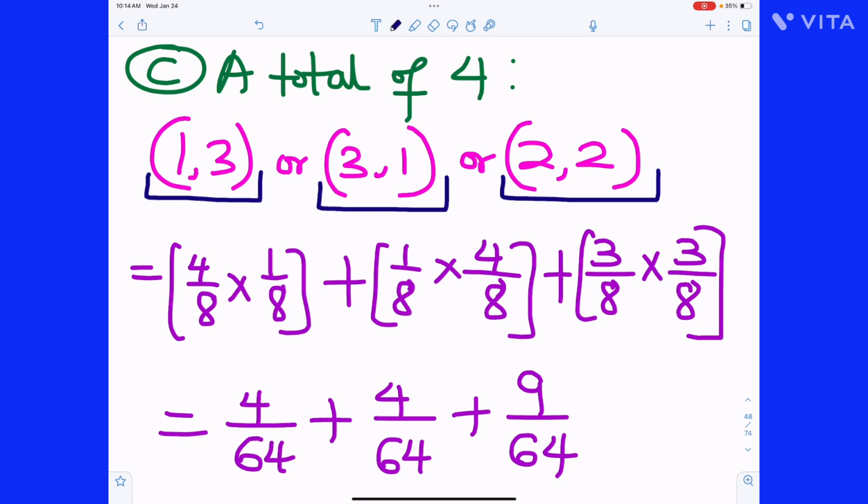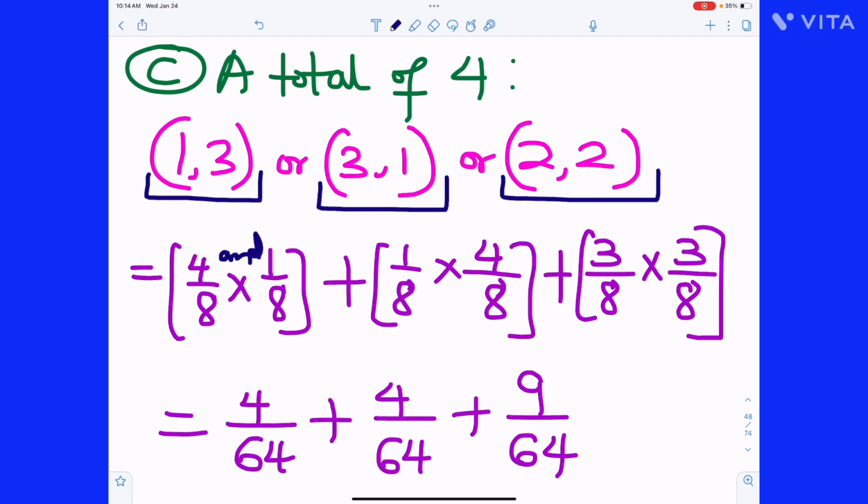So let's now combine this. The probability of scoring a 1 first time is 4/8. The probability of scoring a 3 second time is 1/8. So 1 first time and 3 second time, that's 4/8 times 1/8.